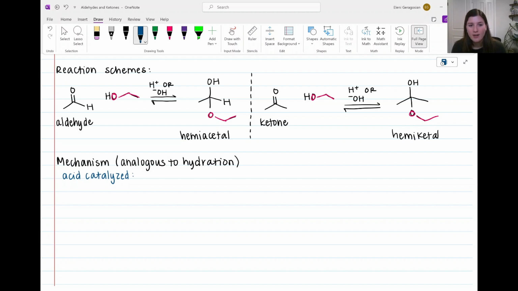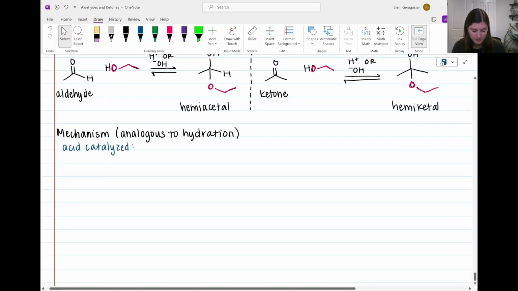If there is an acid present in solution, often in these reactions, that alcohol that's added, in the reaction schemes above the ethanol, would be the solvent that the reaction happens in. So you're adding some aldehyde and some acid or some base to a solution of ethanol.